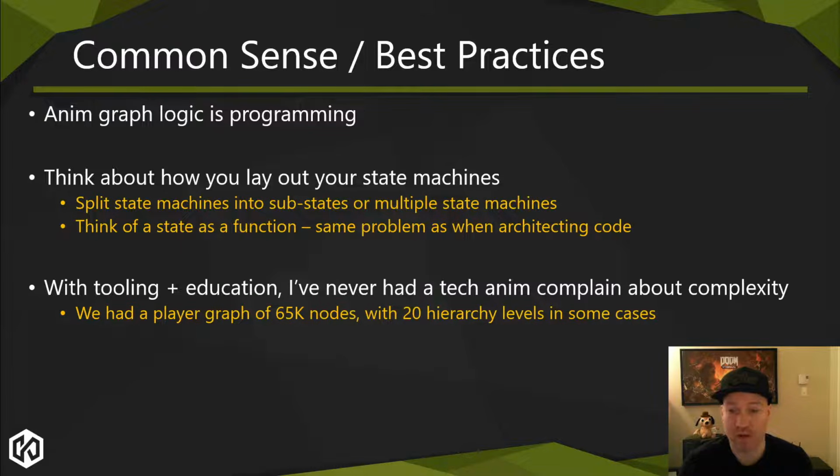Now, the graphs grow to massive, massive levels. At my last company, the graphs were in the range of 60K nodes, with 20 hierarchy levels, with dozens and dozens of state machines. And nobody complained about complexity, or that they didn't understand how things worked, or every time there's a bug, they knew exactly where to look.